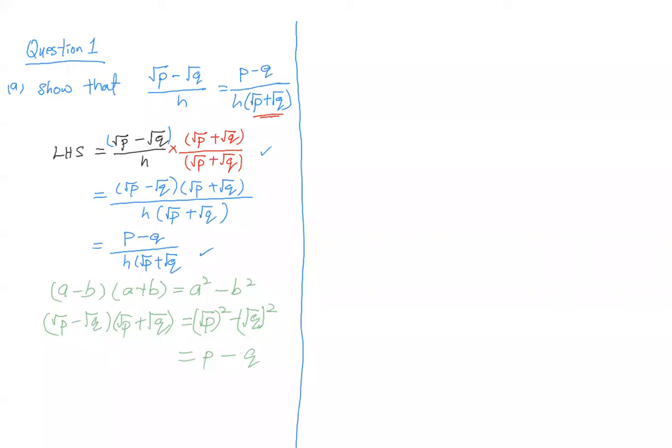Okay, so part B. Usually, if in the first part we ask you to show, in part B we will say hence. The moment we use the word hence means you have to make use of part A to solve part B. They help you to solve.